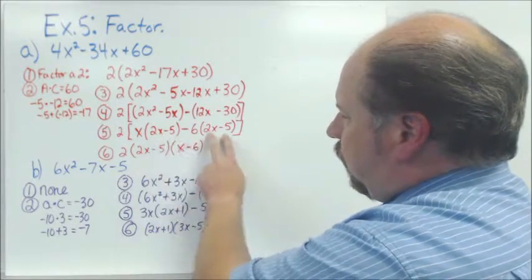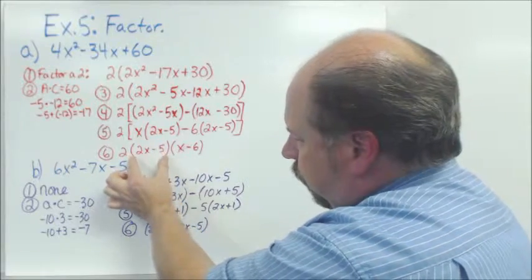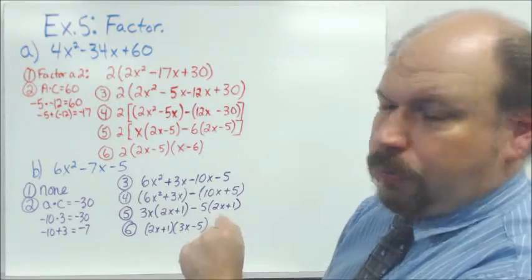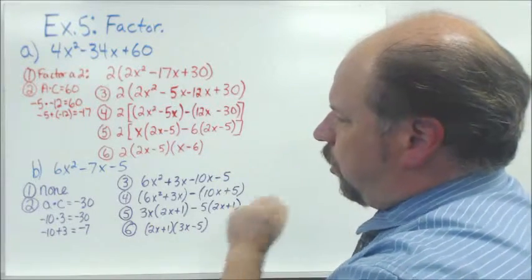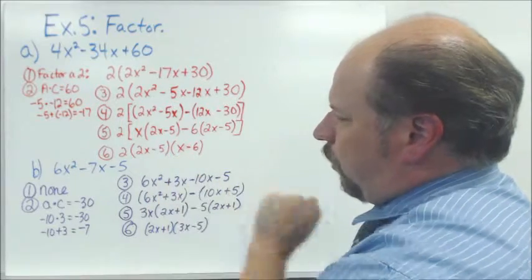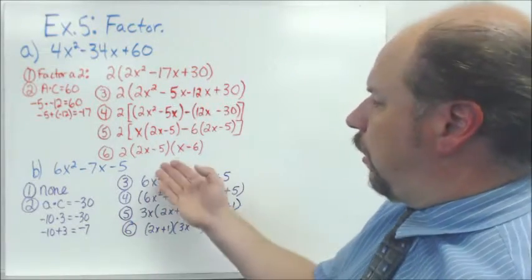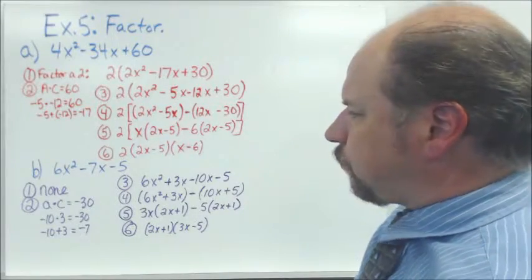This is the same, and this is the same. So what we're going to do is factor that out from both terms. And what's left over is going to be just x minus 6 for our other term. So we have 2 times the quantity 2x minus 5 times the quantity x minus 6. And if we were to multiply that all back together, we would end up back there.